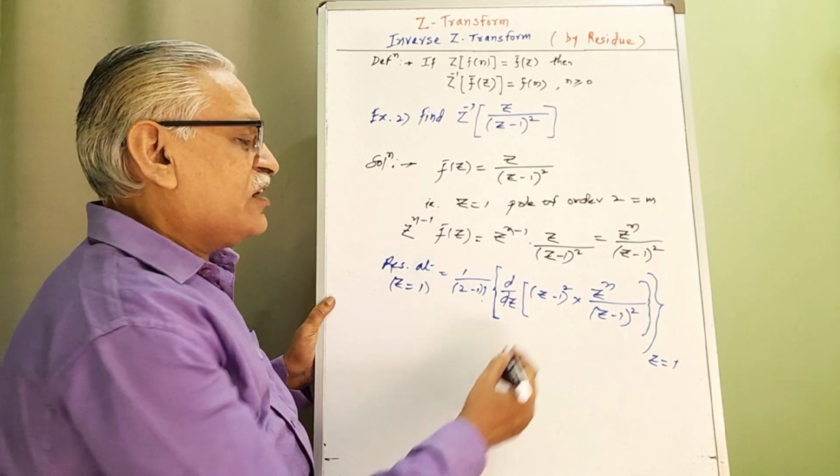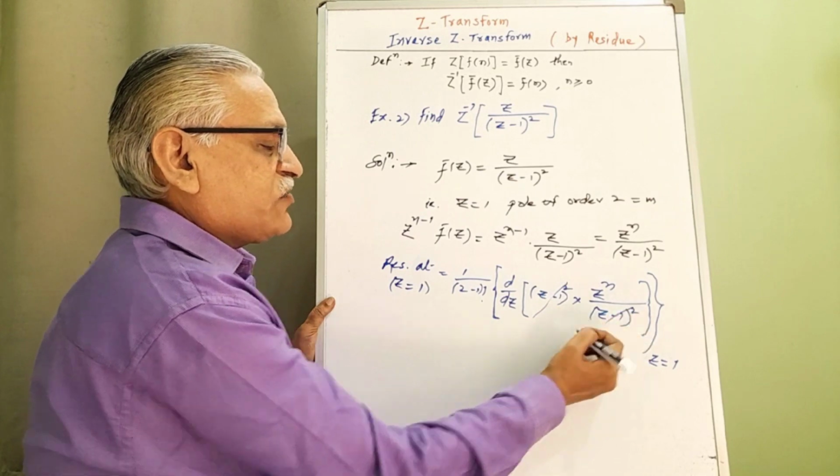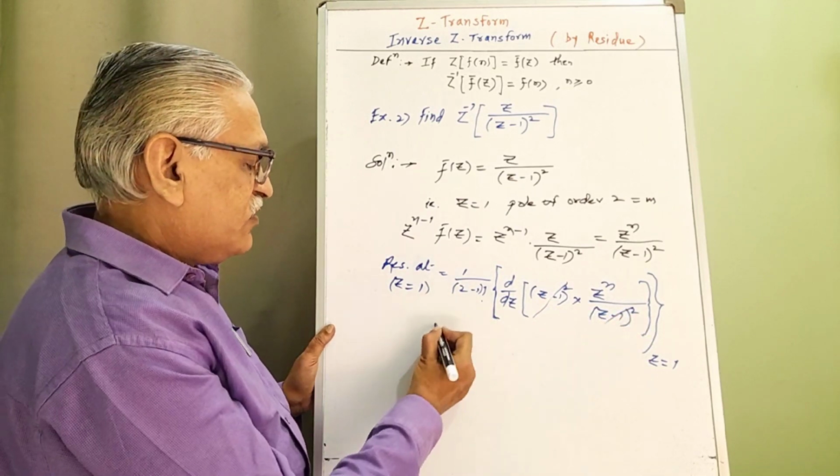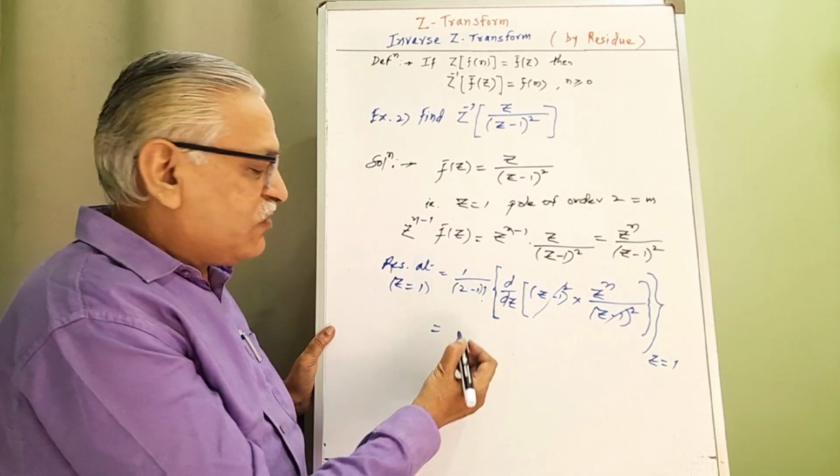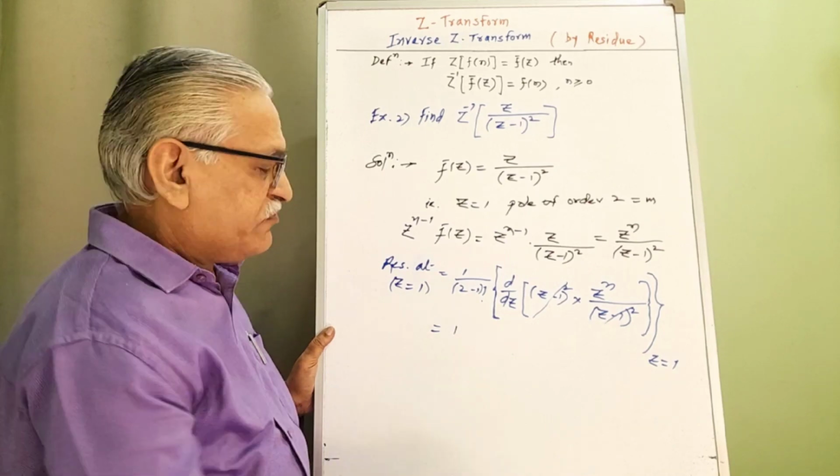Therefore the z minus 1 whole square terms get cancelled. 2 minus 1 is 1, 1 factorial is 1, therefore it is 1.